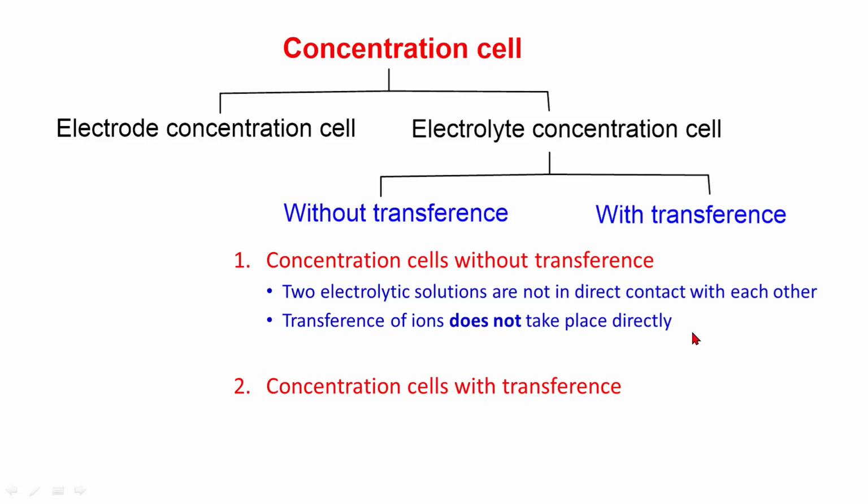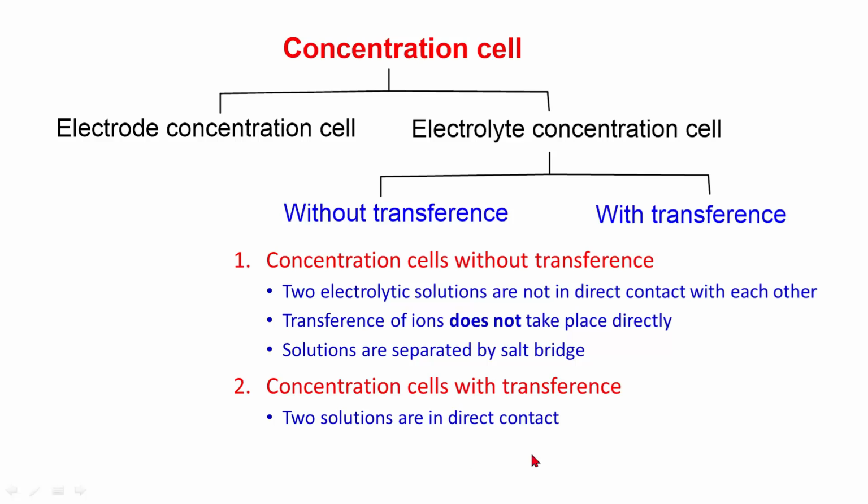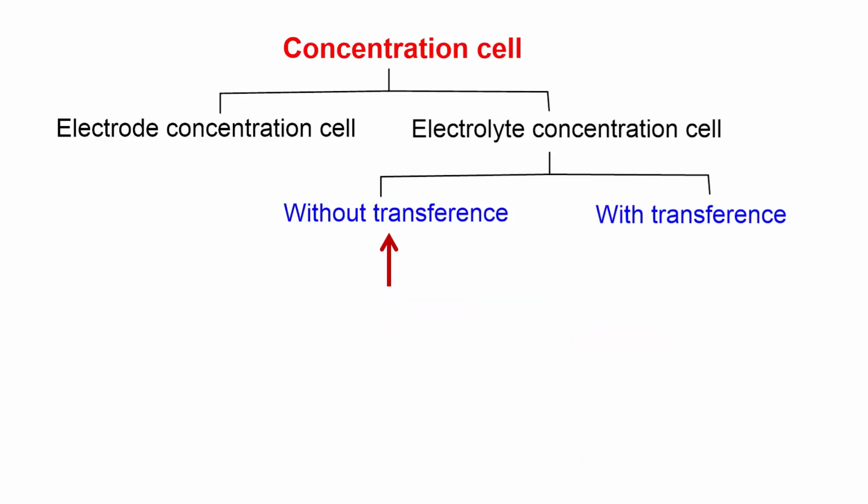Transference of ions does not take place directly, and solutions are separated by salt bridge. Whereas in concentration cells with the transference, two solutions are in direct contact and transference of ions takes place directly. We will be considering concentration cell without transference.